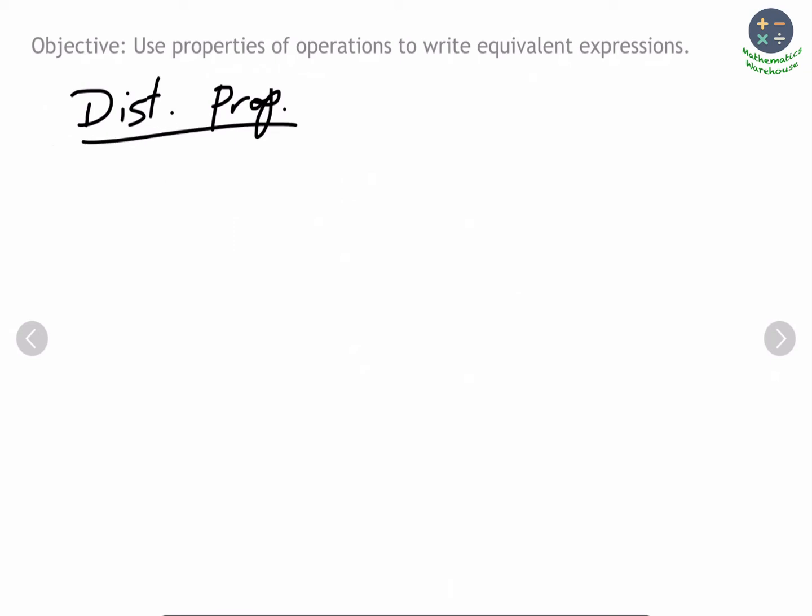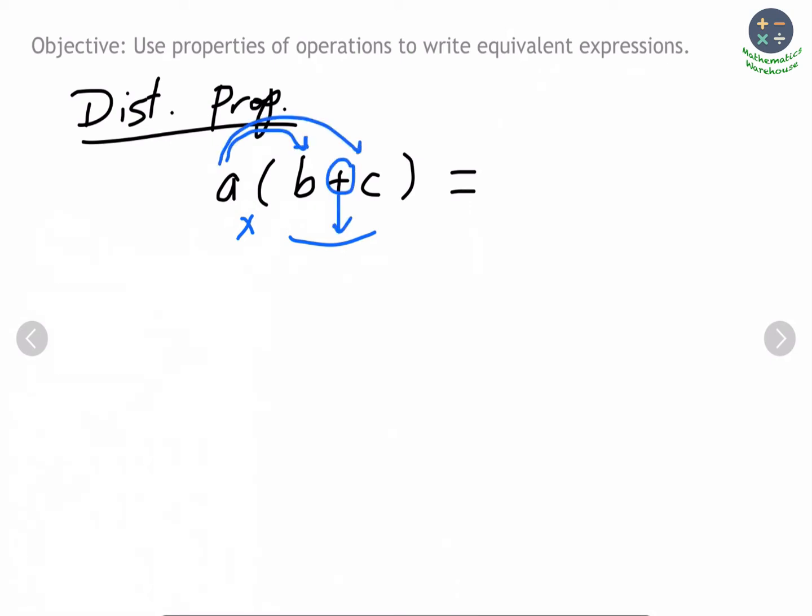Okay? a times (b plus c) equals: a here is multiplied by this bracket. So we have to distribute this a on each term inside the bracket. So it would be a times b plus, down here, a times c.